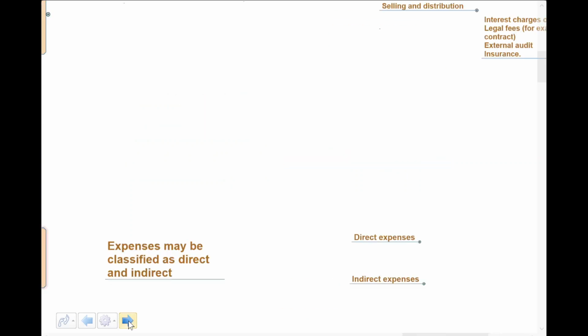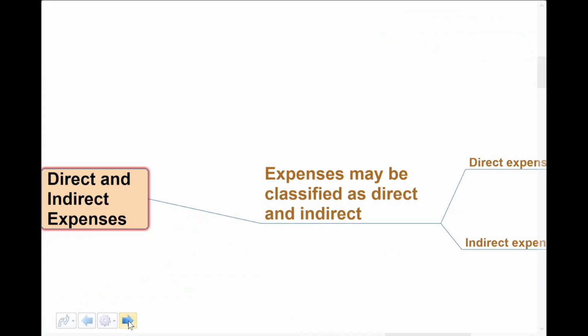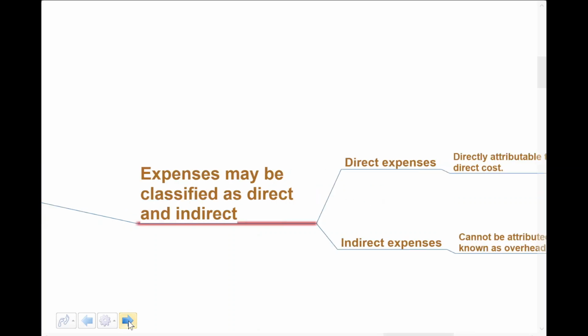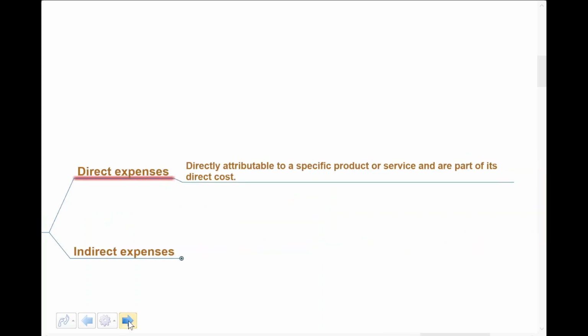Moving from there, let's note that when we think about expenses, as we said up top, various functions within a manufacturing business may be direct or indirect. The classification is quite straightforward, because direct expenses are expenses that are easily and directly attributable to a specific product or service, for example a component, part, or element of a product.